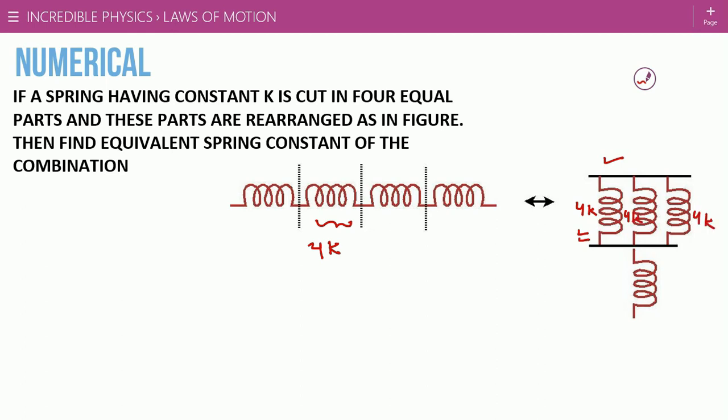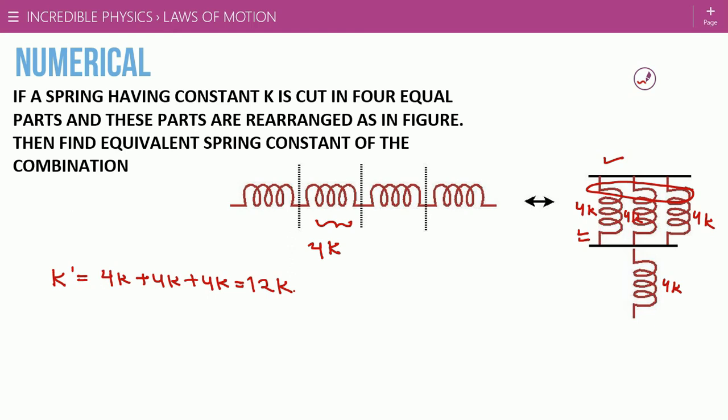It also has the spring constant 4k. So first of all, we have to solve this combination. In parallel combination, suppose the spring constant is k dash, so k dash equals 4k plus 4k plus 4k, so it is 12k.